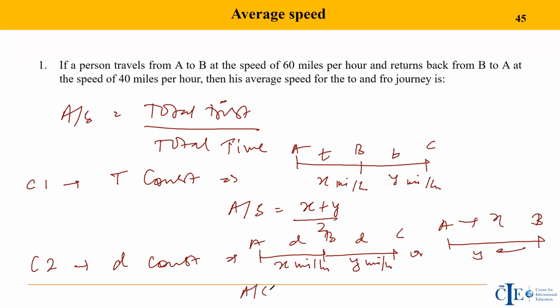Then his average speed is 2xy divided by (x + y). So you just need to identify which type this is. Is this the same distance or the same time? And then accordingly use the formula. So in this case, we saw he's traveling A to B and returning, so that is the case of to and fro.